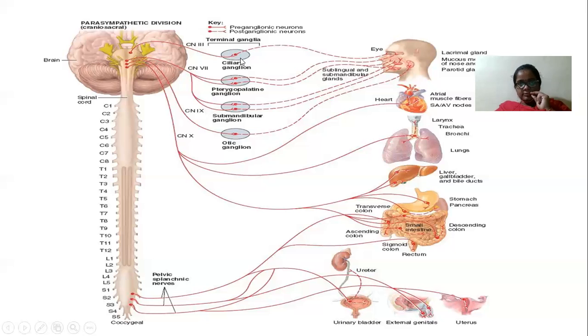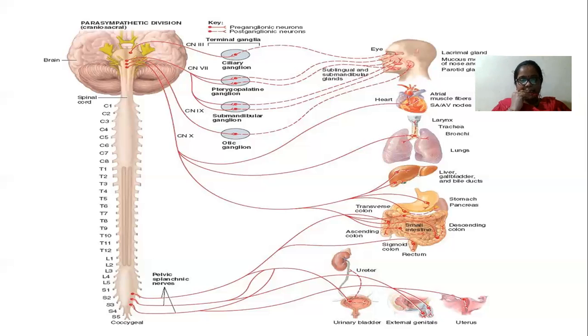The ciliary ganglion. Then those postganglionic neurons are distributed to the eye region, and also to some submandibular and sublingual glands, and some lacrimal glands also.